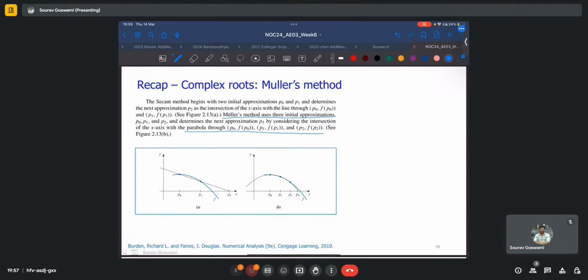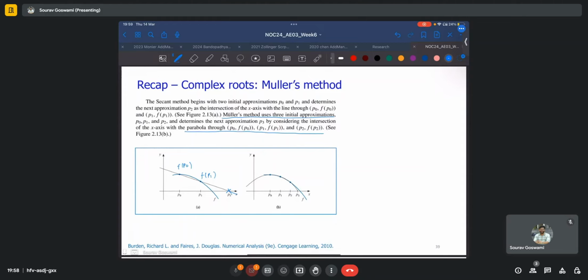As seen here, previously we saw how if this is p0 and this is f(p0), p1 and f(p1), we join these two, and wherever this intersects the x-axis is where our next point lies. For Mueller's method, we have three initial approximations, p0, p1 and p2.